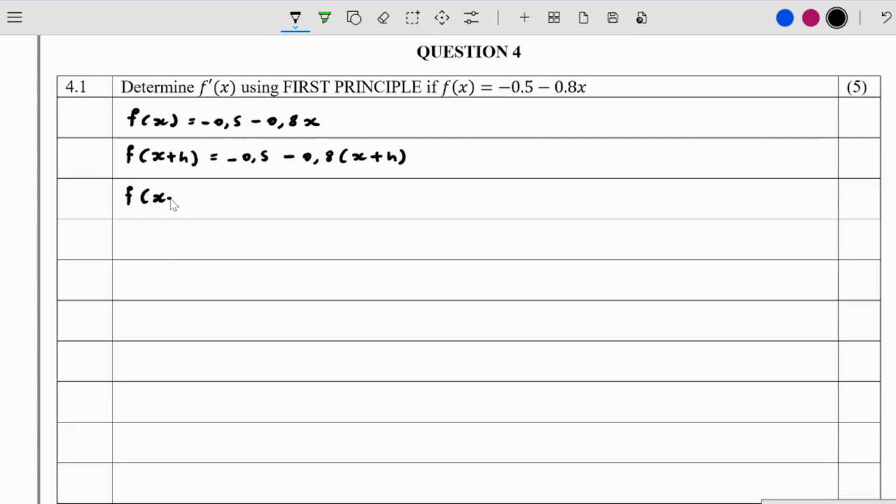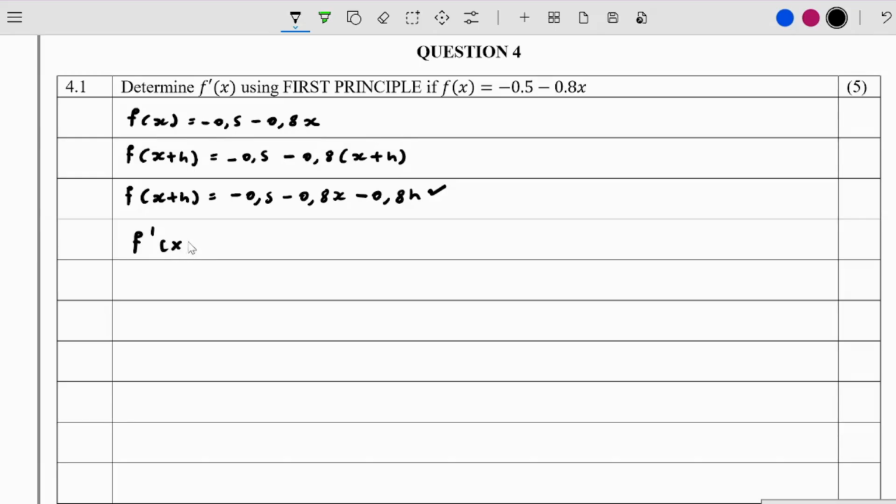So your f of x plus h is -0,5 minus 0,8x minus 0,8h. So this is what you're going to have. And then your formula for first principles is given in the formula sheet. Please copy the formula correctly.